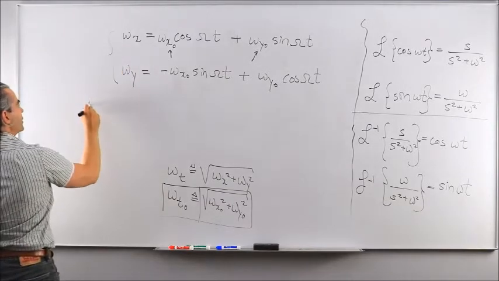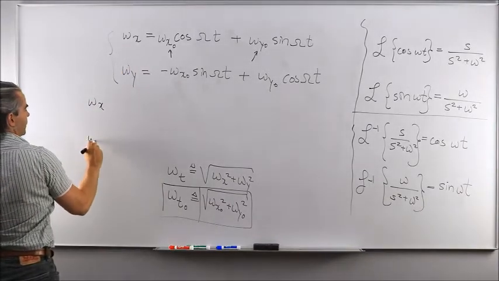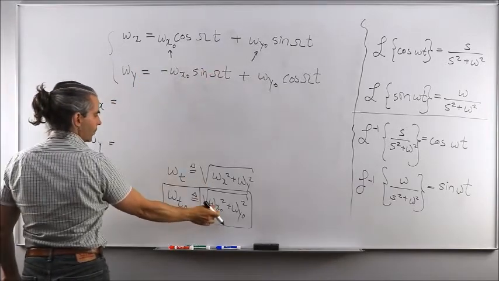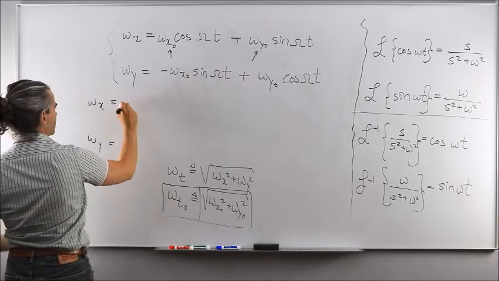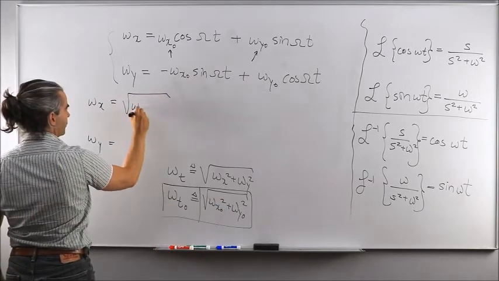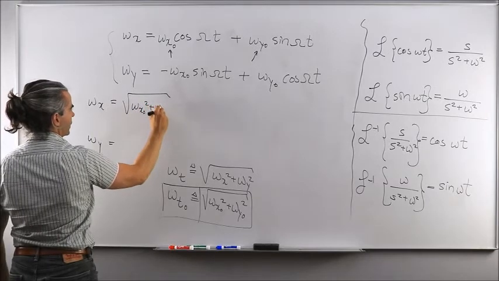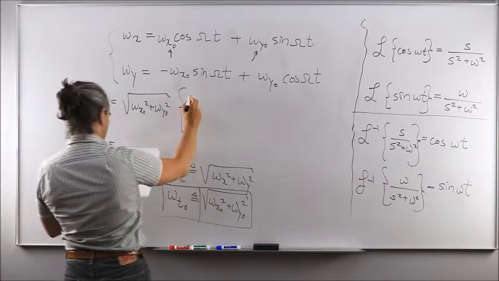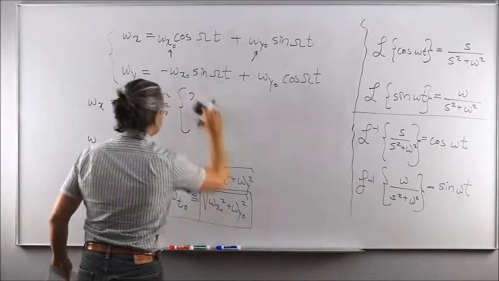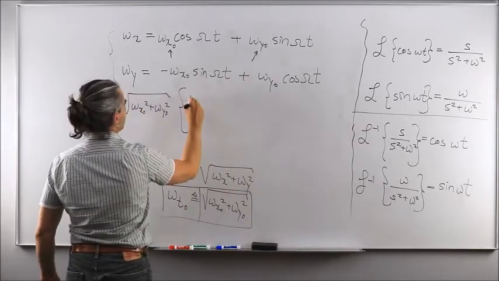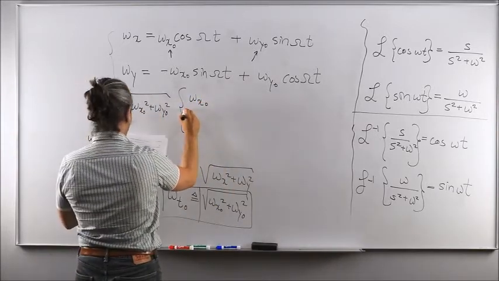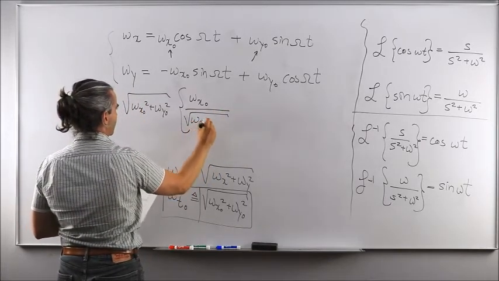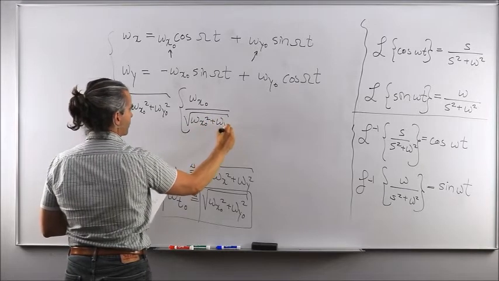So here we go. Taking those two equations and simply multiplying and dividing the right-hand sides with this factor. So, square root of omega x naught square plus omega y naught square, times omega x naught over the same thing, over square root of omega x naught square plus omega y naught square.